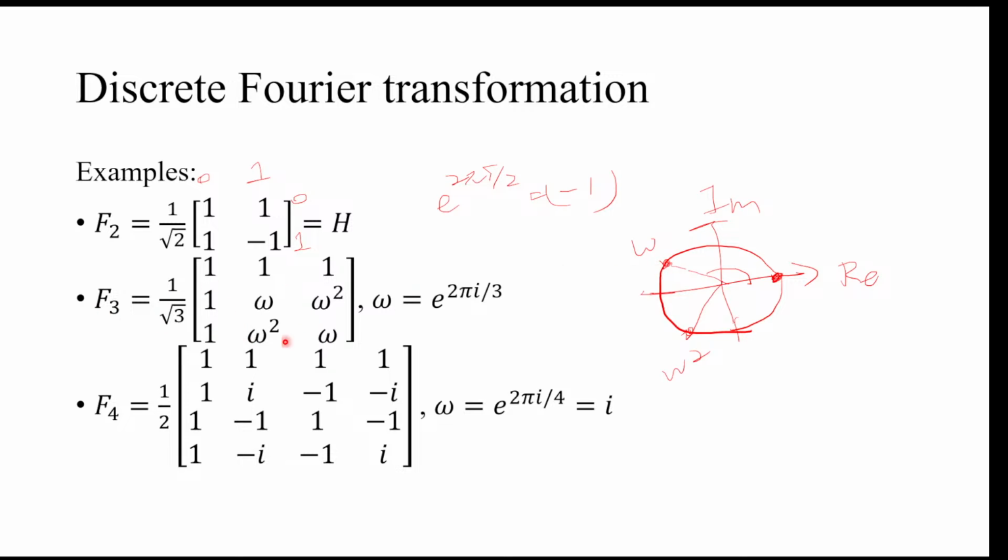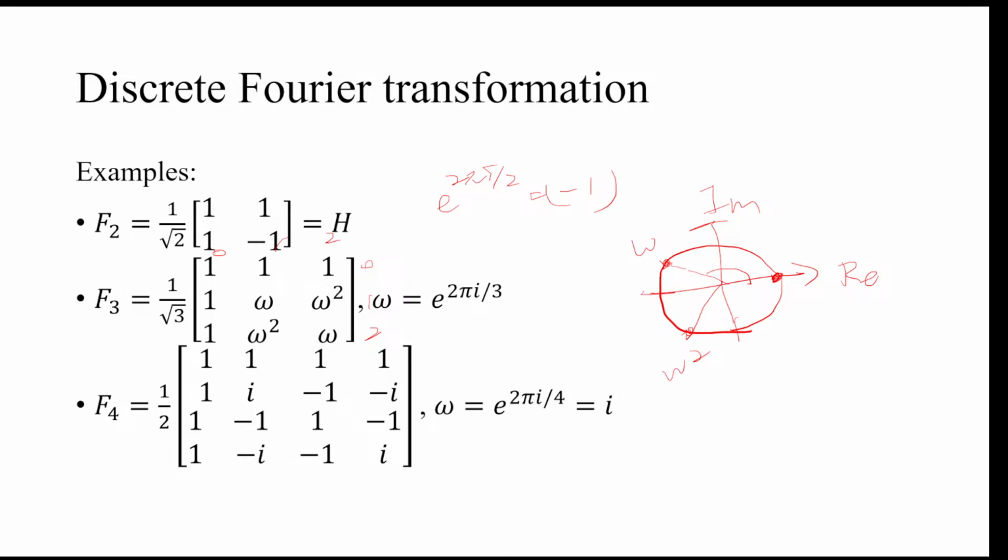And f3 also has a very symmetric form around omega. Once again, it's very crowded here, so let's erase that and rewrite. You have the row numbers 0, 1, 2 and the column numbers 0, 1, 2.